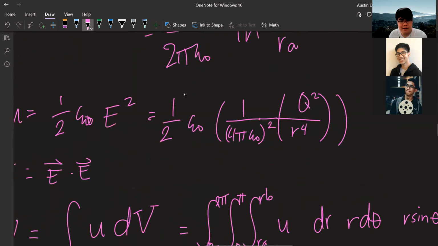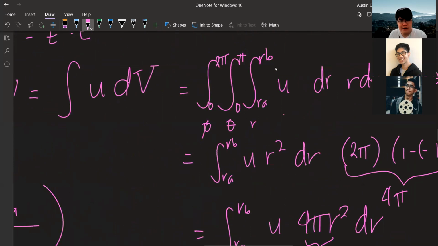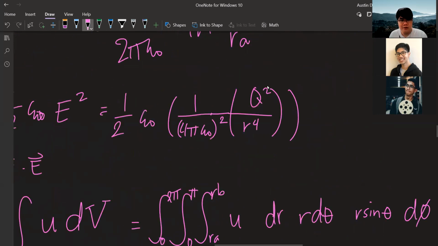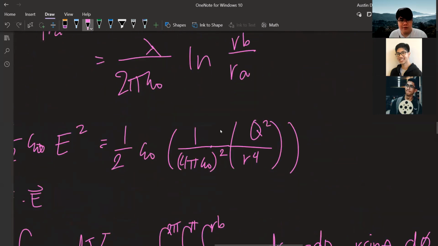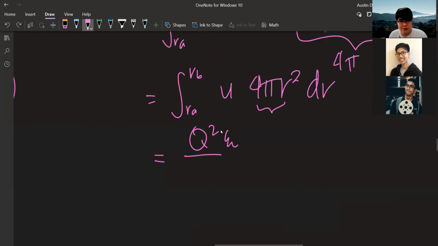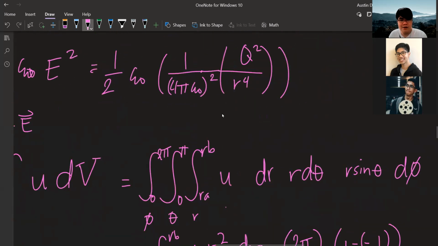Labas na natin si q squared epsilon naught. Oops, numerator pala si epsilon naught. And then 2 times 4 pi epsilon naught squared.